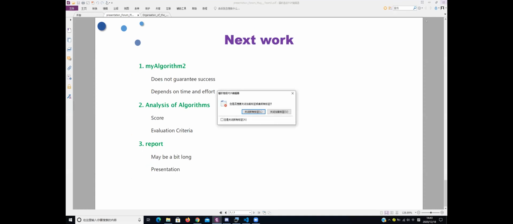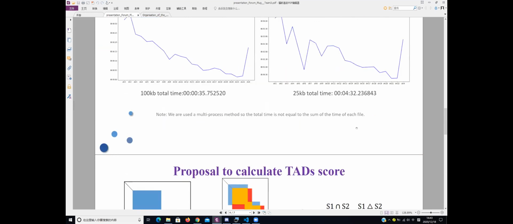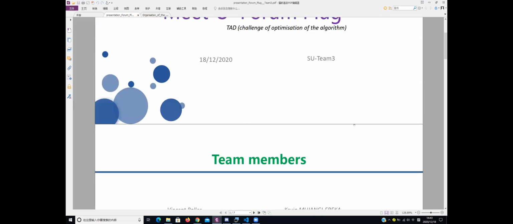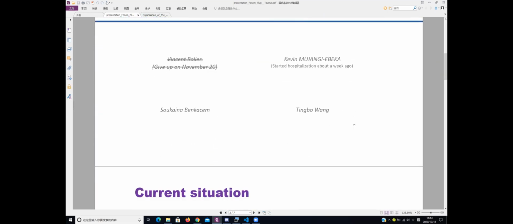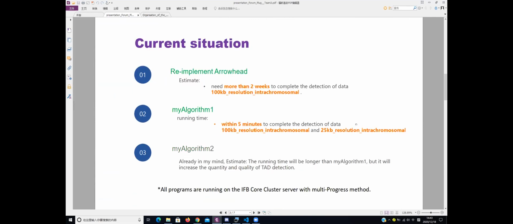Do we have questions? Maybe I missed it, but how exactly is your algorithm working? Sorry, I didn't write my algorithm detail. For the Arrowhead algorithm, we just change the window and check one piece by one piece.